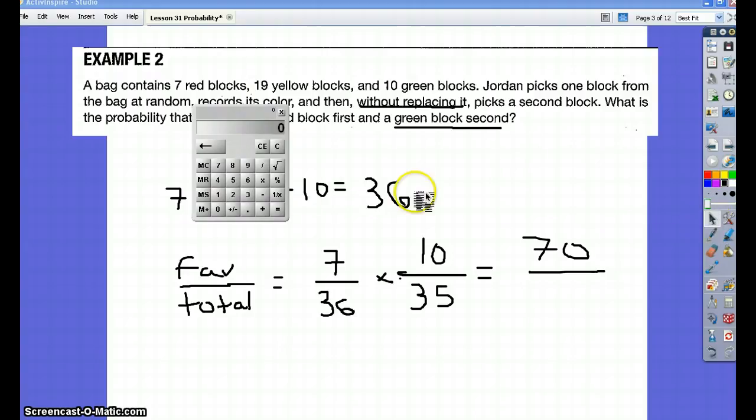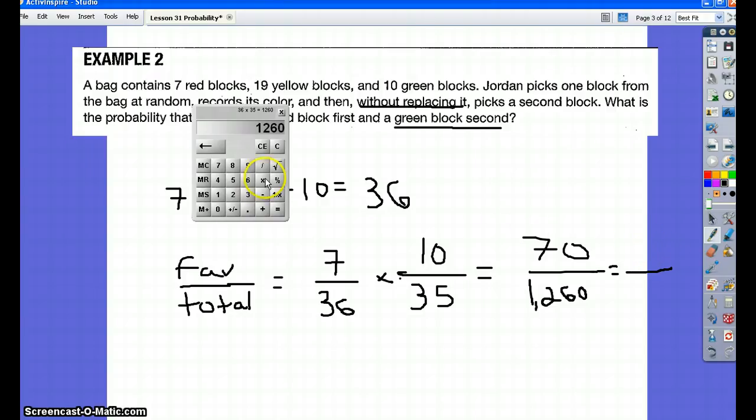It's not going to let me move it, but 36 times 35 equals 1,260. Now, if we're to simplify that, I think we would get 70 goes into both of those.